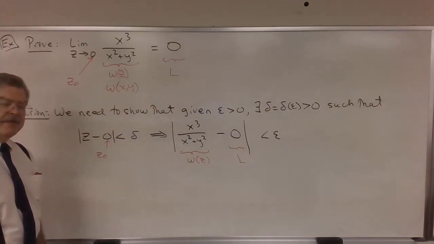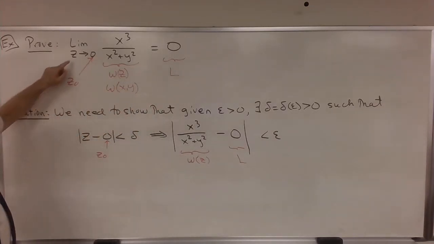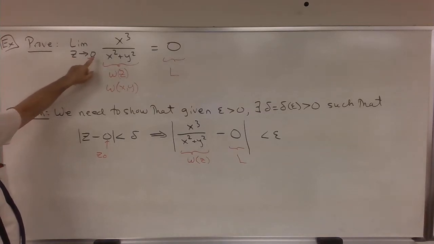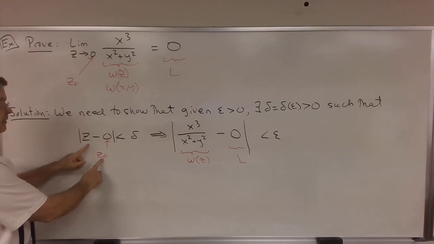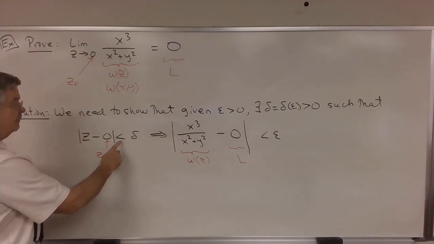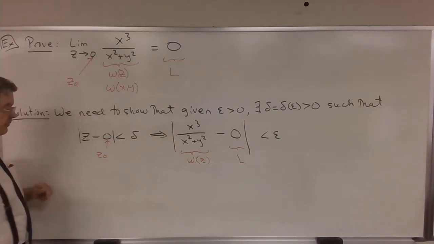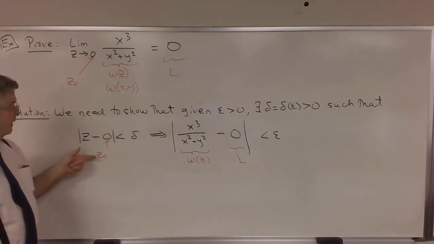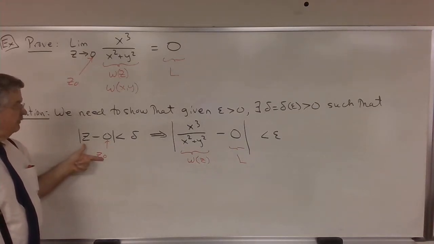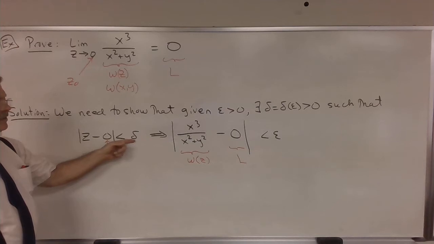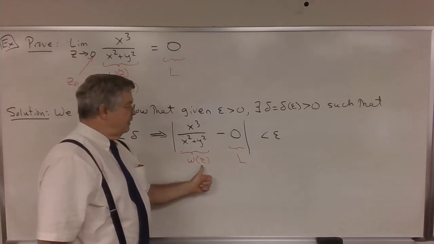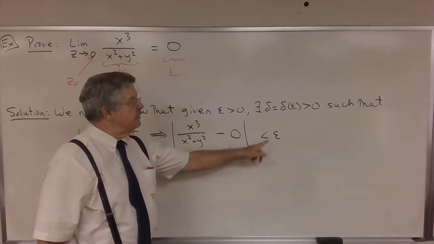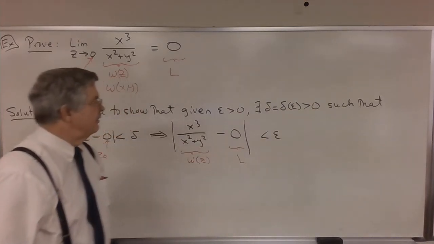And how do we do that? We do that by getting z sufficiently close to z naught. And how close does z have to be to z naught? Less than delta units. So if we have z and z naught within delta units of each other, then we can force w of z and the limit L to be within epsilon units of each other.